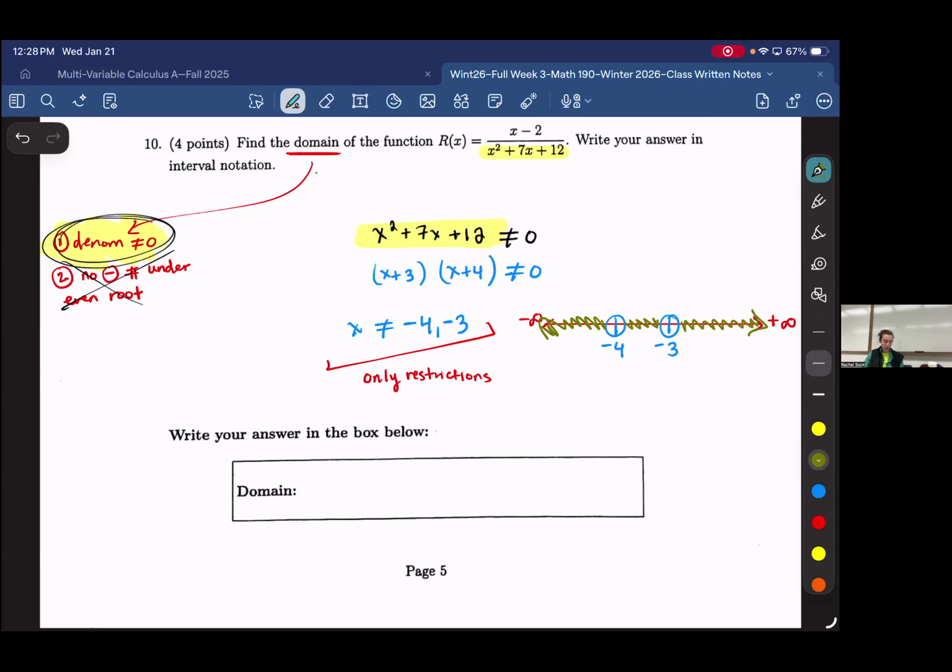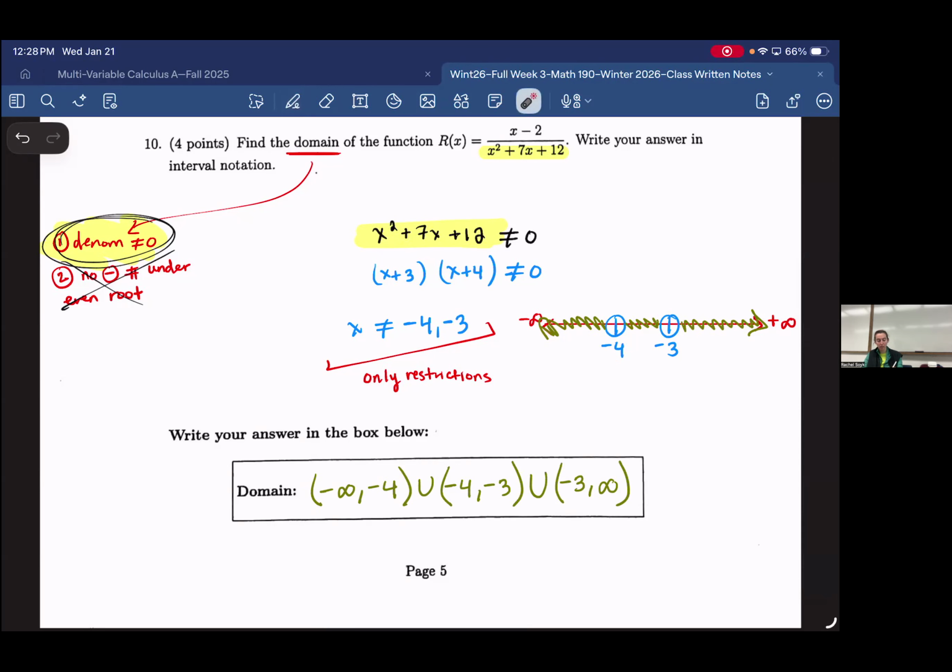Read the number line left to right, and we get -infinity, comma, -4, soft bracket, because it's an open circle, union, soft bracket, all values between -4 and -3. And then our last union, -3, all the way up to infinity. A lot of students forget this middle portion. That's it.